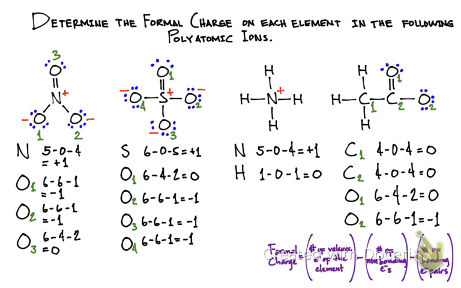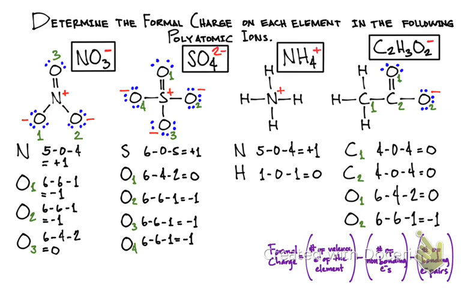All right, so that's how you determine the formal charge for each element in a given structure. And if you notice, these are the polyatomic ions: nitrate, sulfate, ammonium, and acetate.